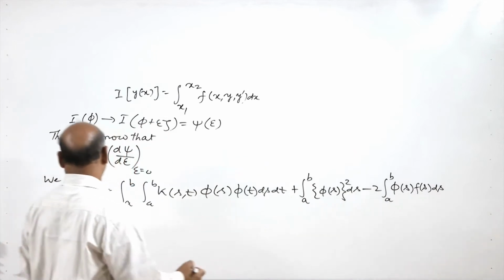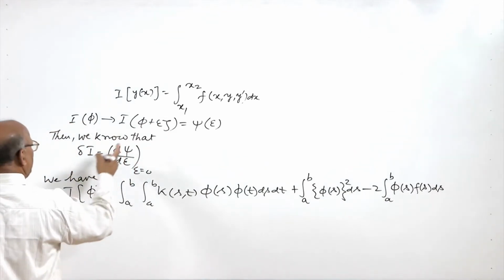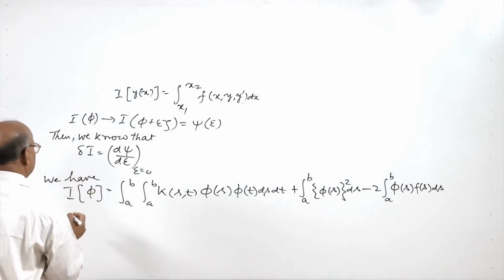So in this functional, let us replace phi by phi plus epsilon times zeta.